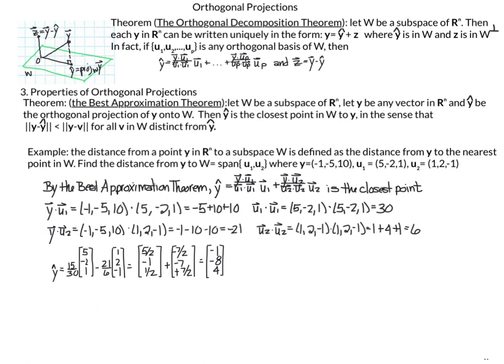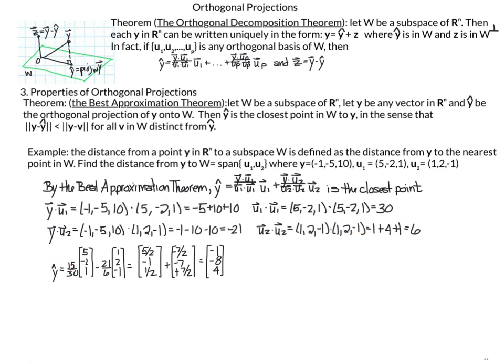Doing our second coefficient of u2, y dot u2 is negative 1, negative 5, 10 dot u2, which is 1, 2, negative 1, which is negative 21. u2 dot u2, so we have 1, 2, negative 1 dot 1, 2, negative 1 is equal to 6.